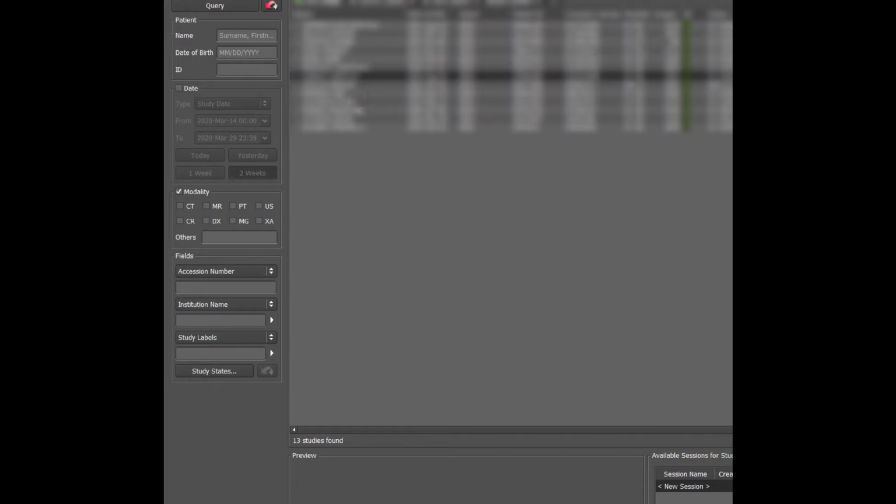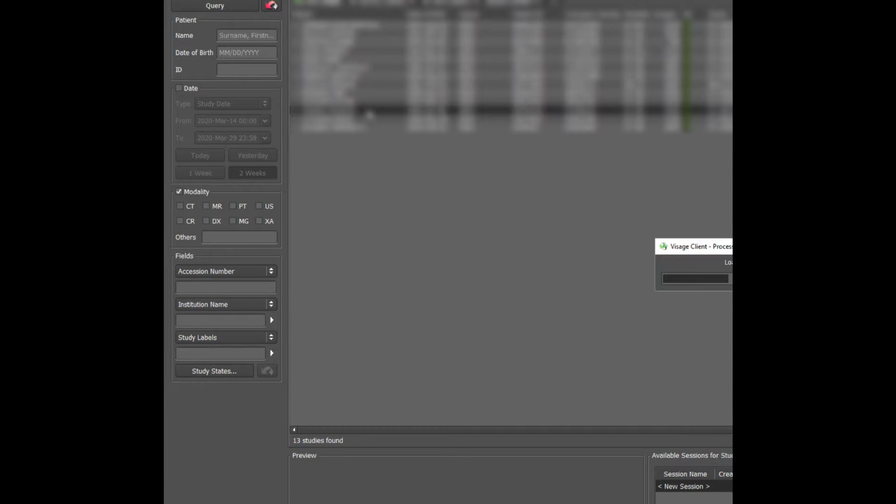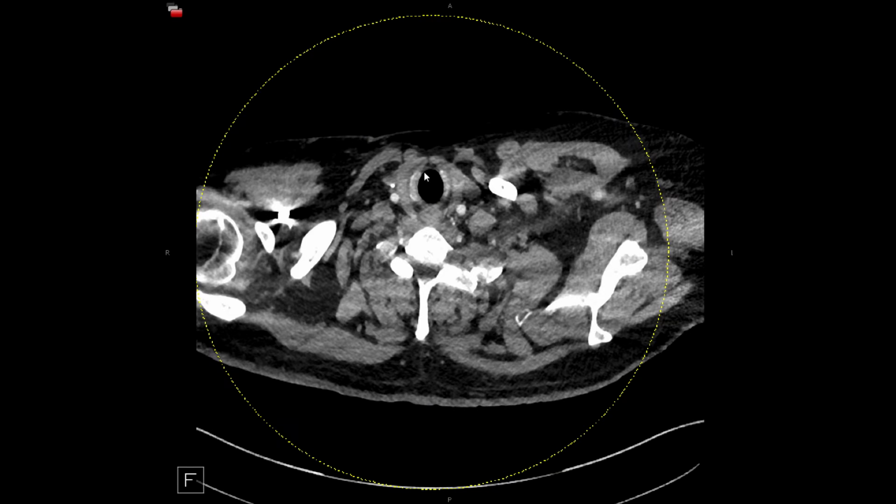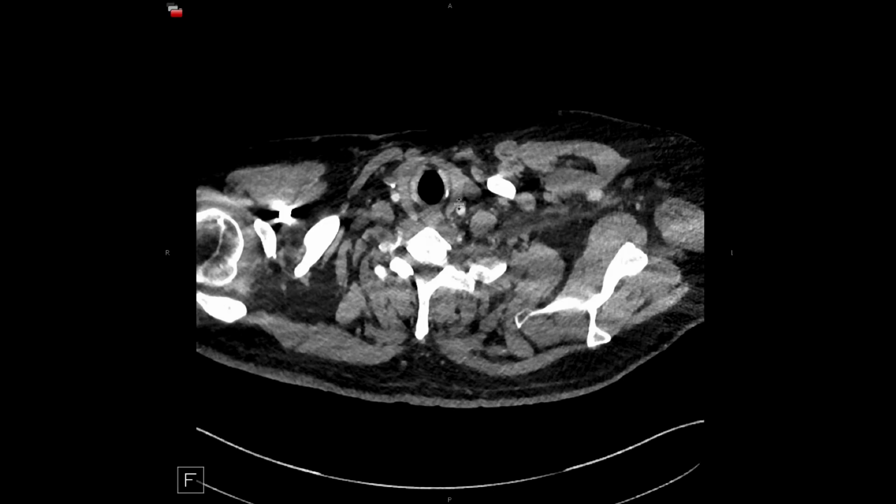So now moving to some cases of chronic thromboembolic pulmonary hypertension. So we'll see, first we'll focus on imaging findings of the chronic pulmonary emboli themselves.